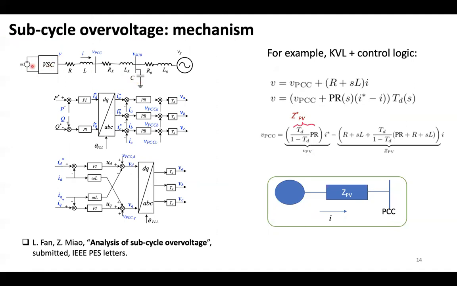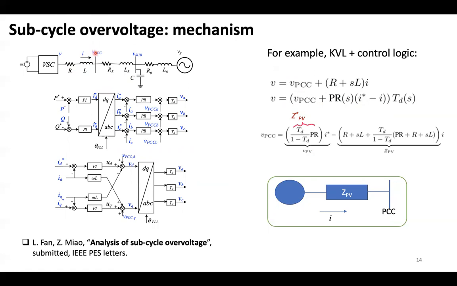The VSC, then we put the controllers there, for example either an ABC frame PR controller or a DQ frame PI controller. Put some delay there and ignore the outer loop and the PLL, just looking at the current control loop, because we are looking at very high subcycle frequencies, like more than 150 hertz. So it's okay to just consider the current control versus the circuit dynamics.